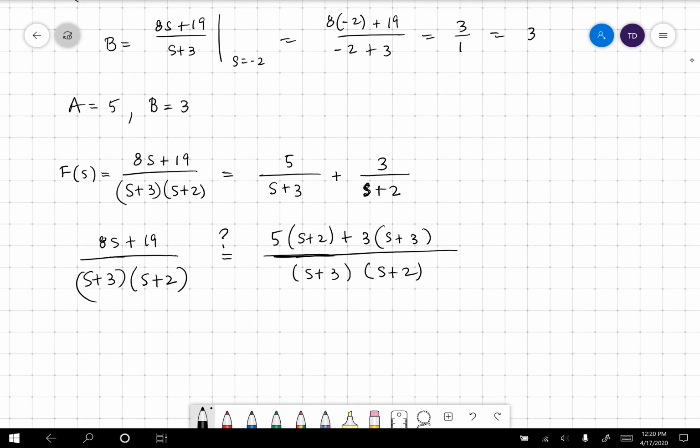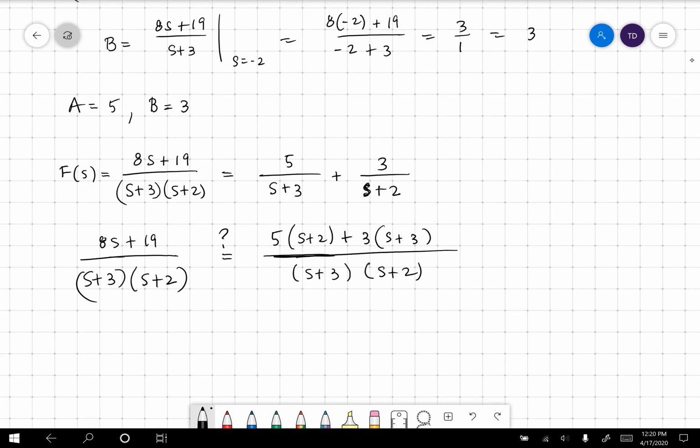So A equals (s plus 3) times F(s), evaluated when s equals minus 3. Well, that's equal to (8s cubed plus 19) divided by (s plus 2), evaluated when s is equal to minus 3. Notice this is everything I started with.